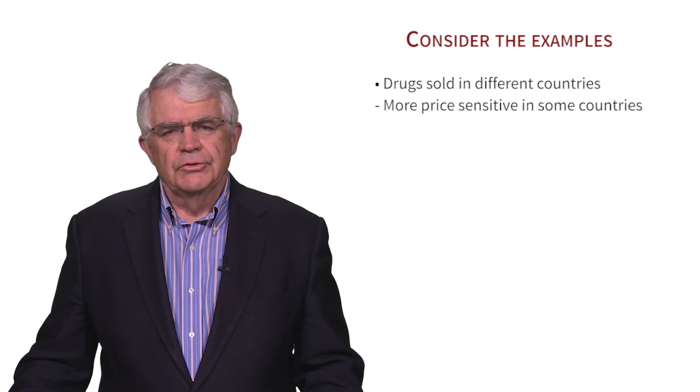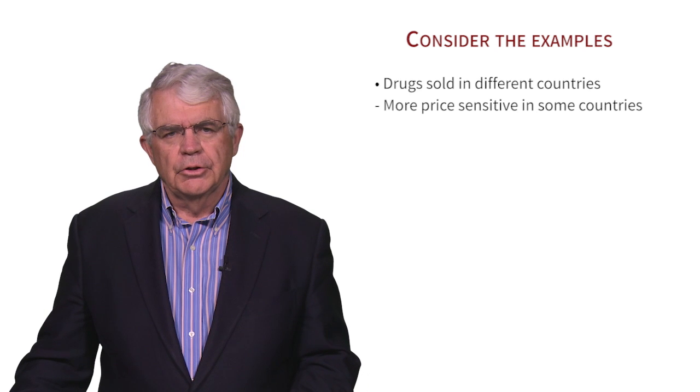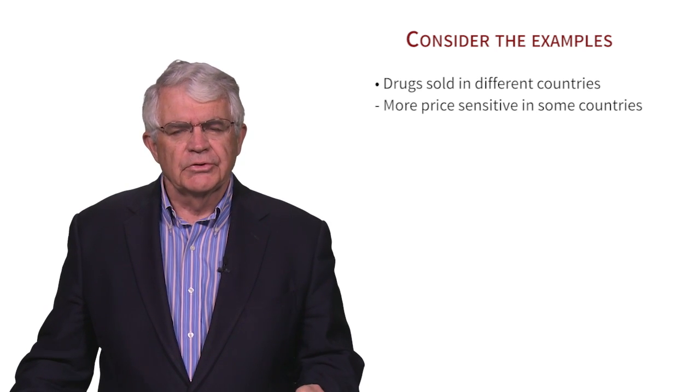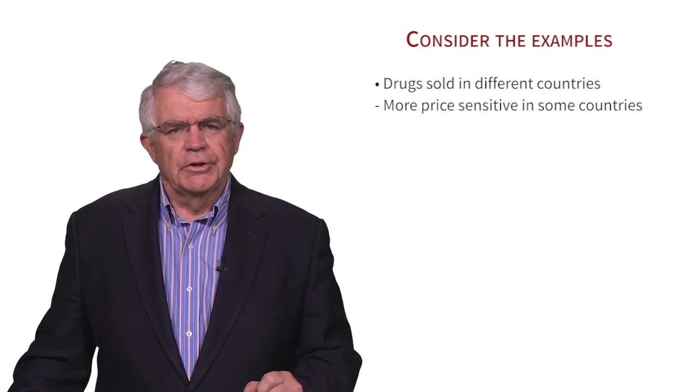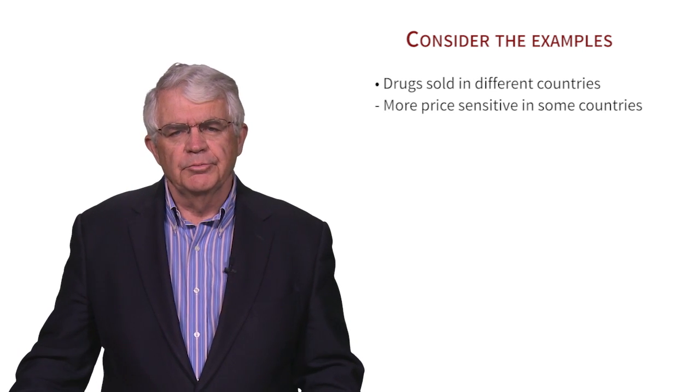If consumers in the United States or Europe or Canada or Japan are less sensitive to the price, maybe the drug is a smaller part of their budget, they really need to have it for their illness, then they'll charge a higher price there just based on profit maximization grounds.